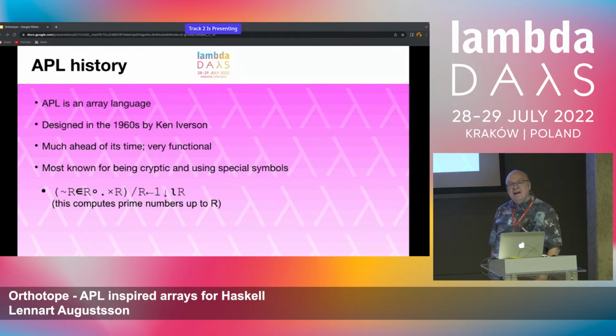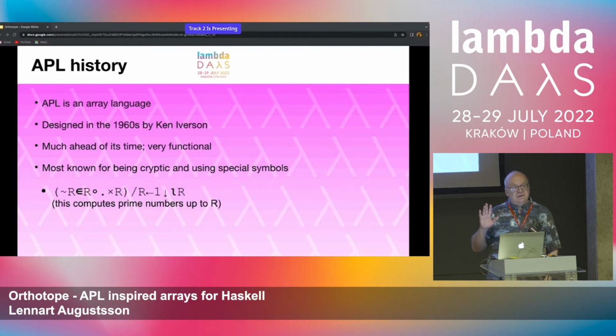So I think APL never got popular because, as you can see here, it uses all these symbols that you don't have on ordinary keyboards. So you had to have a special APL keyboard to be able to use APL. And well, IBM sold the little machines that had special APL keyboards, but it never really caught on.